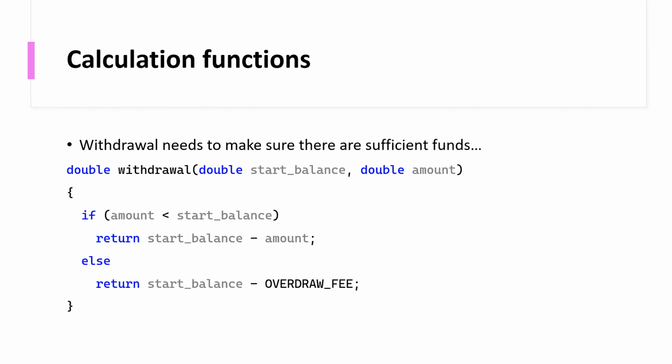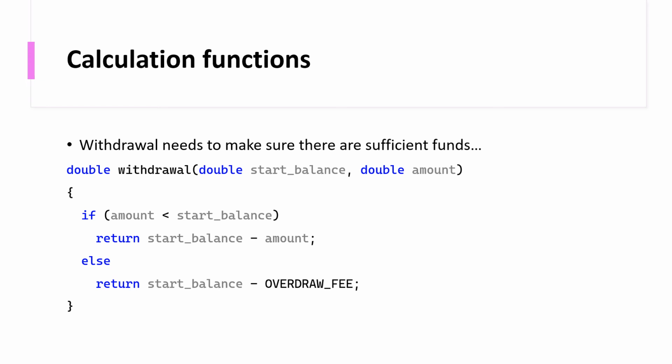Withdrawal, on the other hand, needs to make sure there are sufficient funds. So we're going to have an if statement in here. If amount is less than startBalance, okay, then we have room to make that withdrawal and we return startBalance minus amount. Else, we're going to return startBalance minus the overdraw fee.